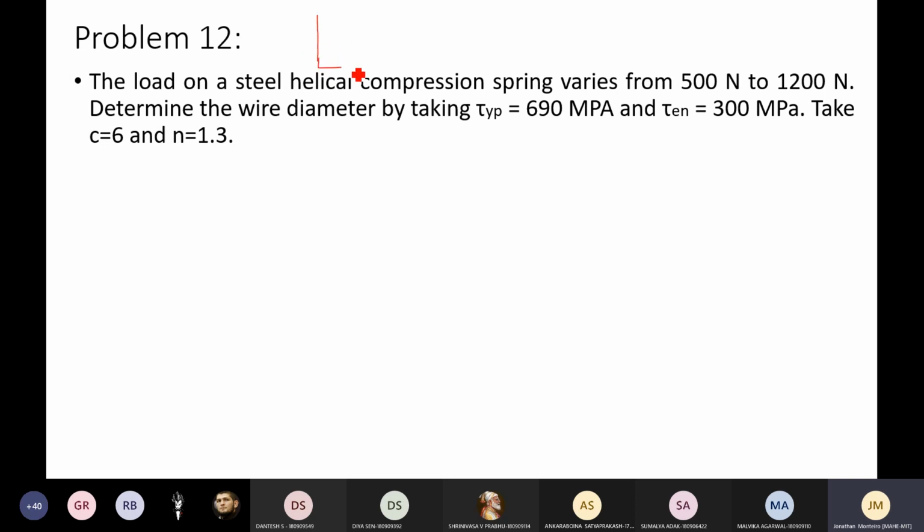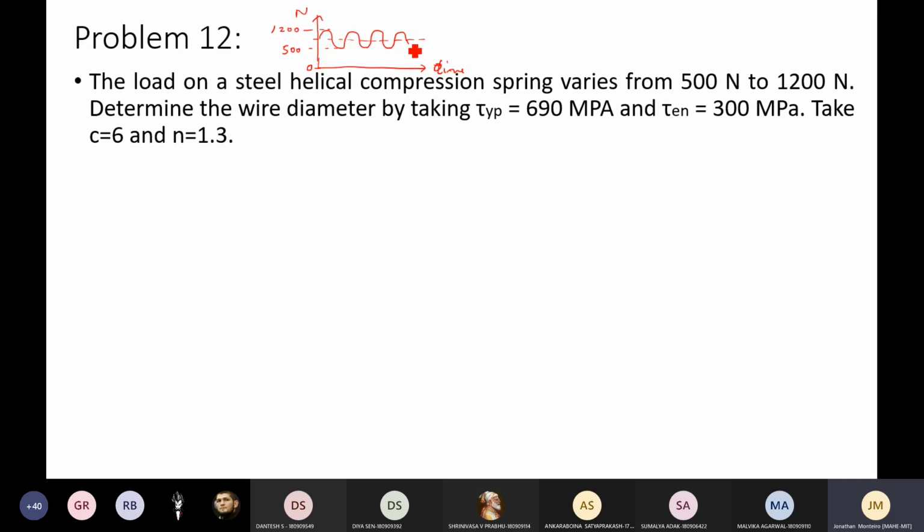This is the zero line, and this is with respect to time, maybe somewhat like this, just for example's sake. So it varies from 500 to 1200. 500 newtons is the minimum, and the top one is 1200. This is the variation of the load.